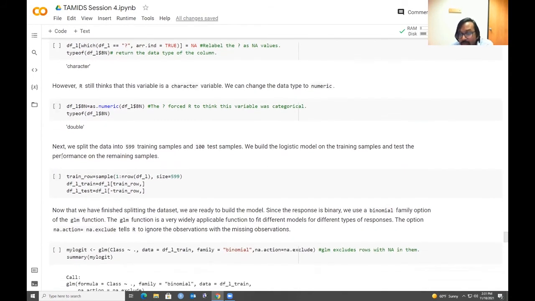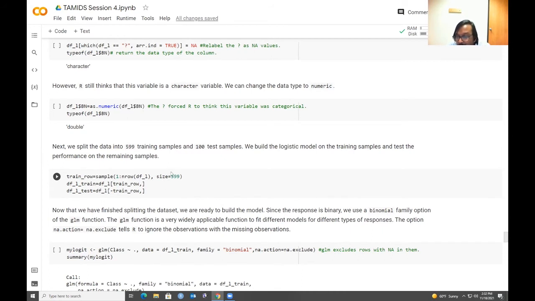So next, we're going to split the data into 599 training samples and 100 test samples. We build the logistic model on the training samples and test the performance on the remaining samples. So once again, we are going to use the sample function, which takes a sample out of the 699 rows, because if you check nrow of the data set, it will be 699.